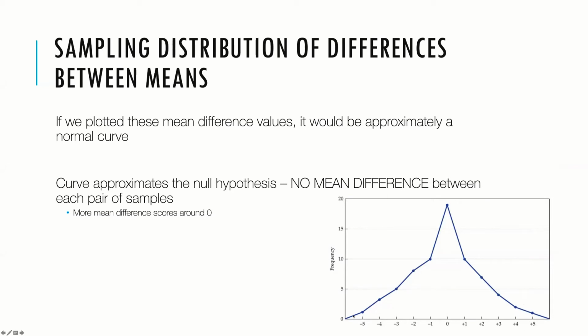But if we take information from this distribution of the differences between means and standardize them, we're basically creating a normal distribution, and we know that there are rules about the normal distribution, right? We have the mean, mode, and median at the center. We have standard deviation units that we can break it up. We can figure out proportions of cases at each point. So that's the next step, is converting this to a standardized or a standard normal distribution.